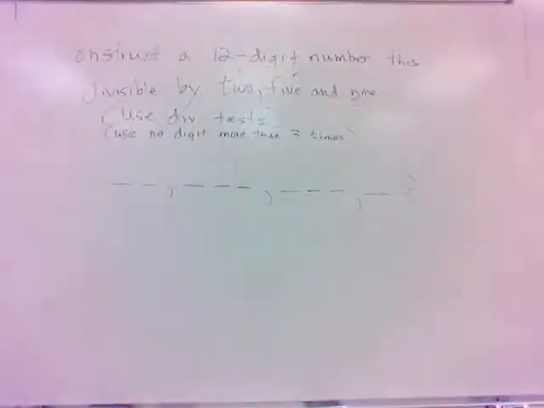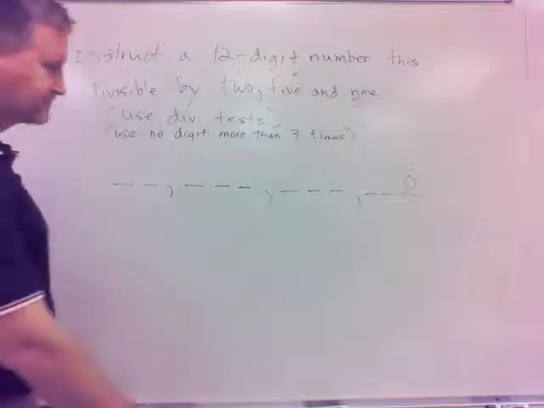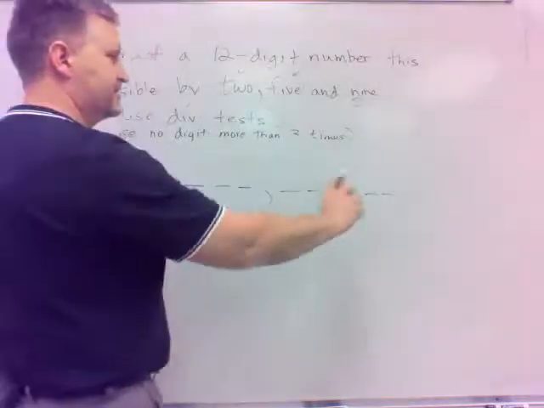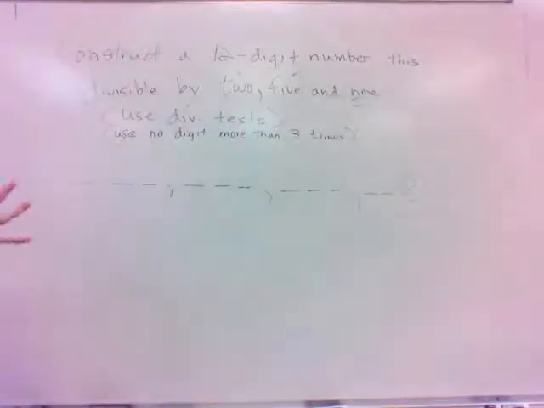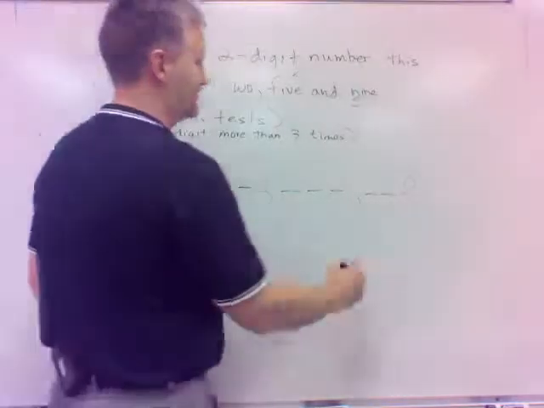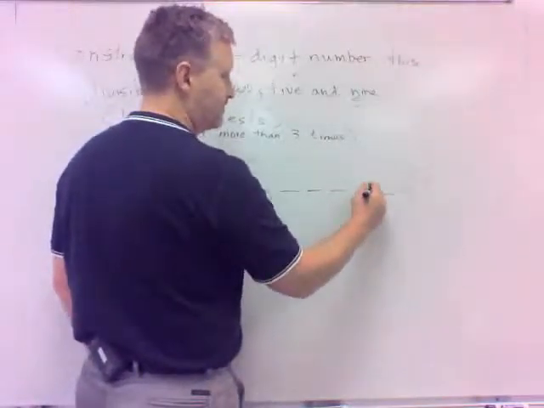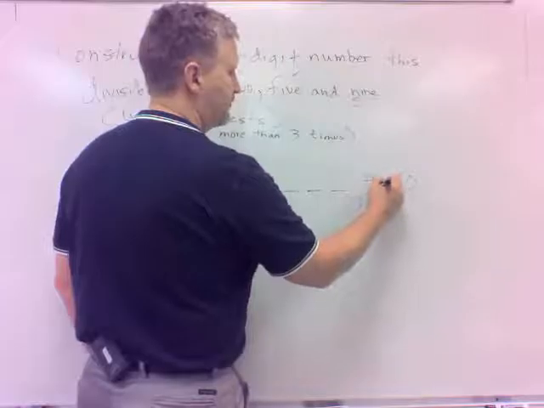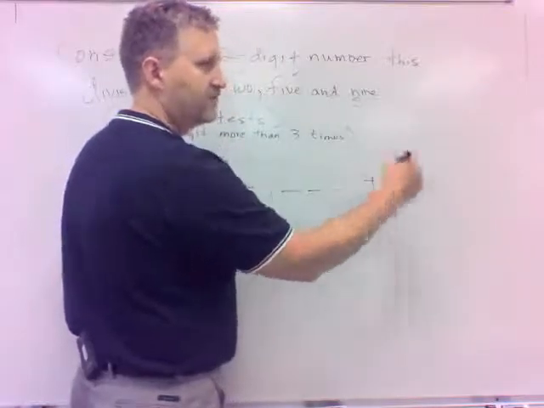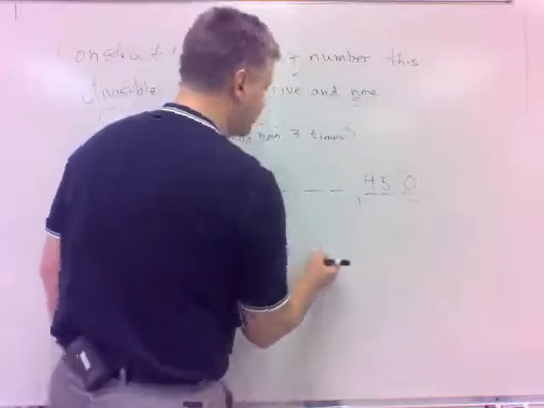And so to make it divisible by 9, the sum has to be divisible by 9. Well, here's an easy way to do it. If you group these in 3s and make those groups divisible by 9 each, it goes a little faster maybe. You don't have to do it this way, but let's say I make this 450. 4 plus 5 plus 0 is 9.